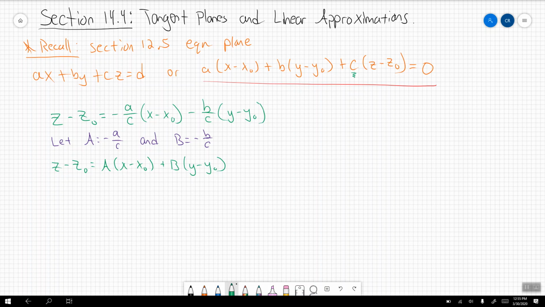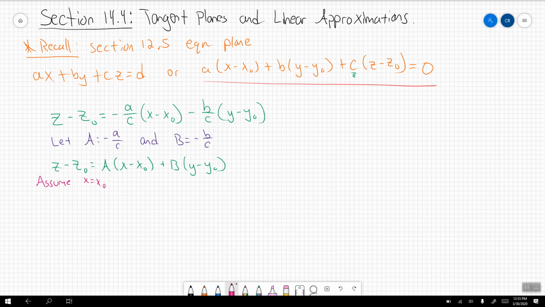We're going to figure out what those a and b values are. All right, so let's go ahead, and at this point in time, I want to fix one of my variables. So I'm going to assume here that x is equal to x naught.